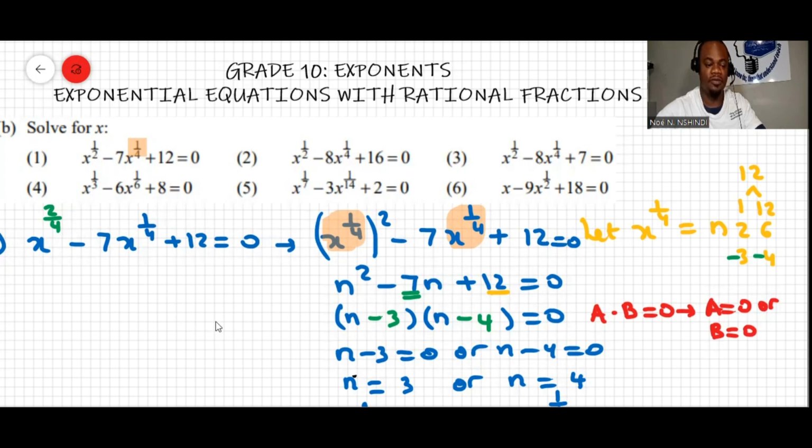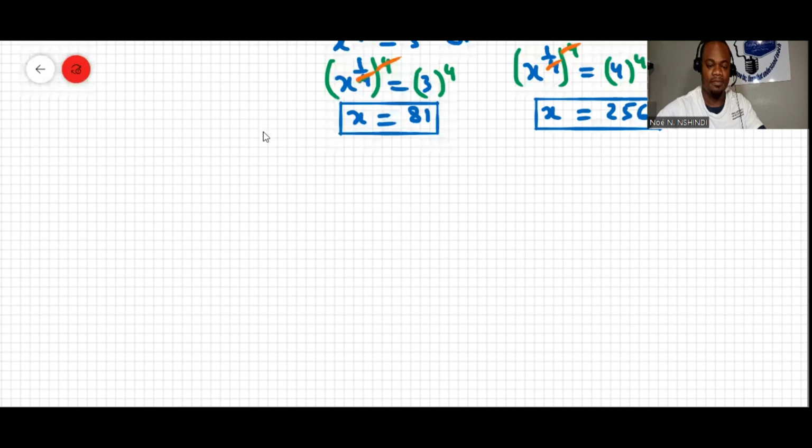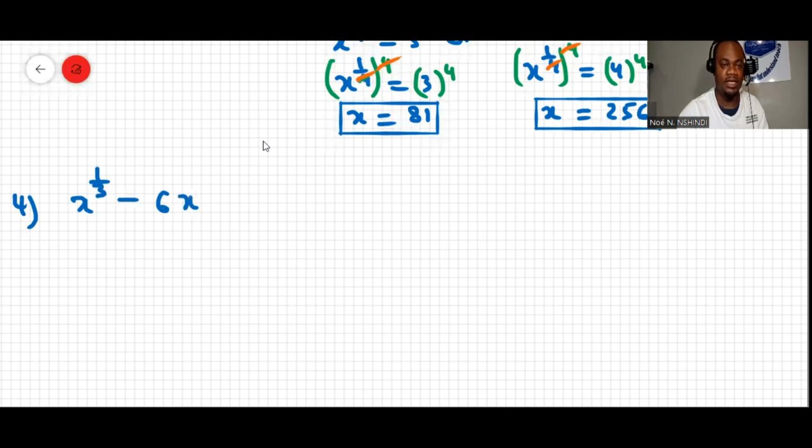So I'm going to do question 4. It was x to the power of 1 over 3 minus 6x to the power of 1 over 6 plus 8 equal to 0. First of all, I want to get the denominators common in the fractions.